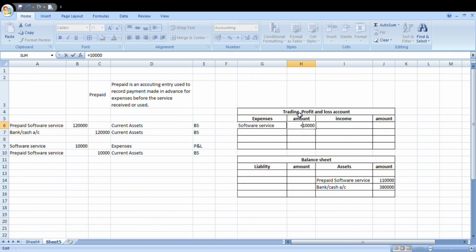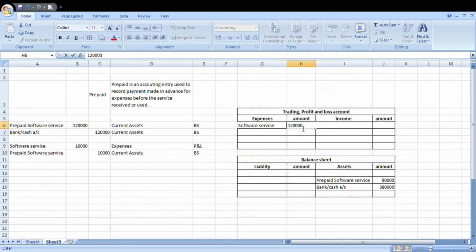It will just add up to the software service expense. This is for February 10,000 and this is for March. So for a total of 3 months we used this software service, and the prepaid will be less. So 30,000 plus 90,000 is 1,20,000.